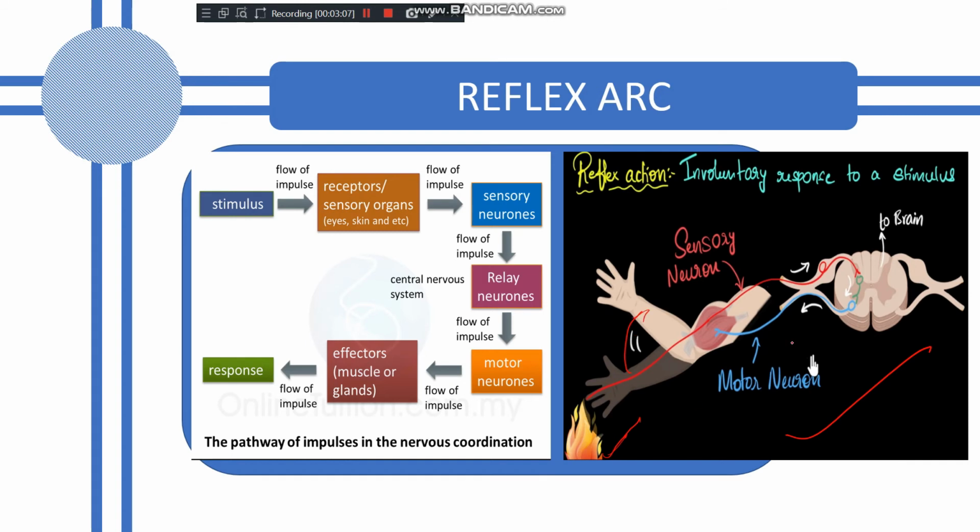Now, how does this action take place? When the person's finger touches the fire or hot object, then what happened? The receptor is here, the skin, and then the sensory neuron takes this message to the brain or spinal cord. Okay, the CNS, the parts of CNS are brain and spinal cord.